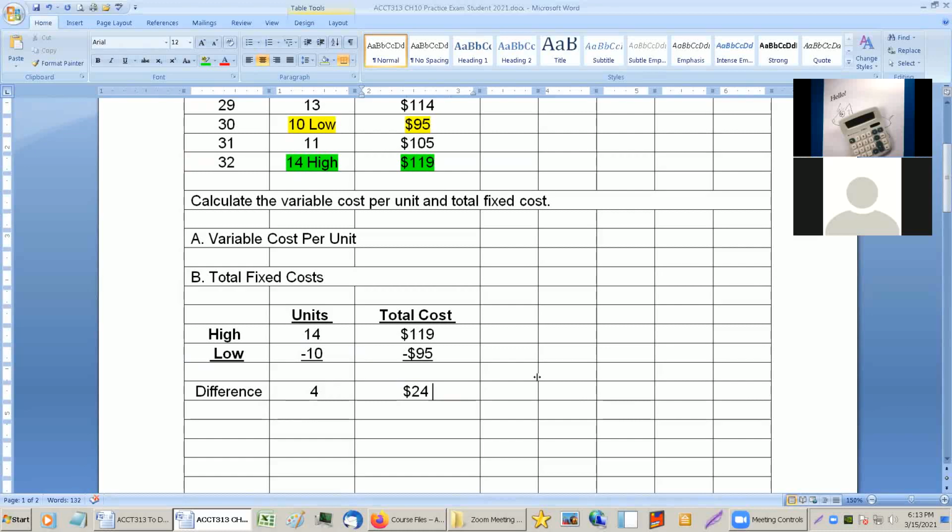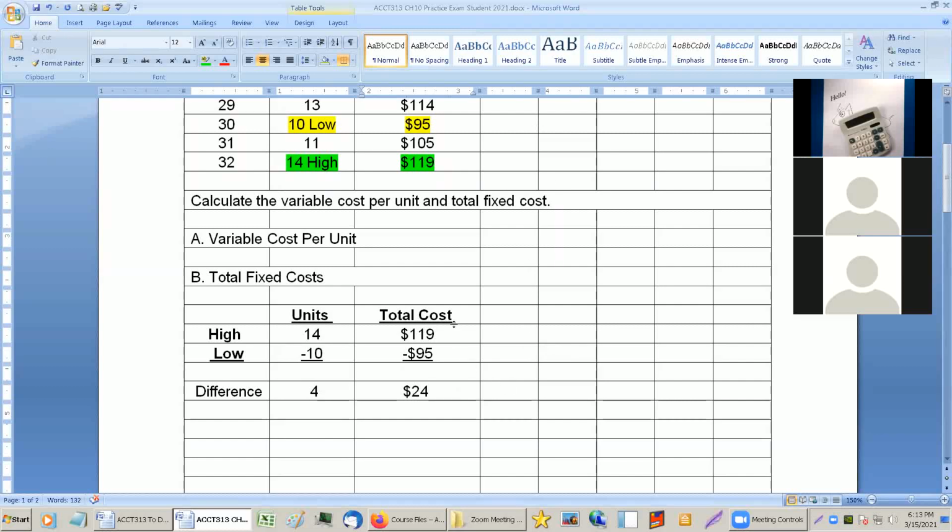Anyone? You can private chat if you want. The difference of $24 in the total cost, is it due to variable or fixed cost? Variable. Yep. So this is all due to variable costs.